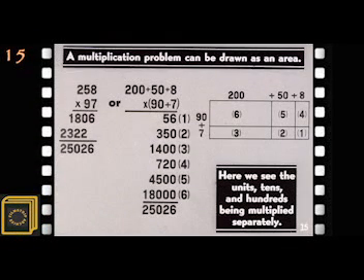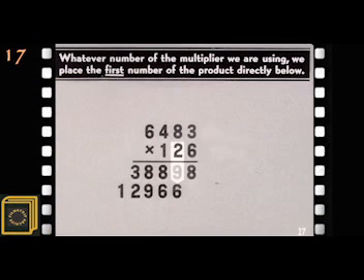A multiplication problem can be drawn as an area. Here we see the units, tens, and hundreds being multiplied separately. Starting with the right-hand number of the multiplier, we multiply through, as shown. Whatever number of the multiplier we are using, we place the first number of the product directly below.